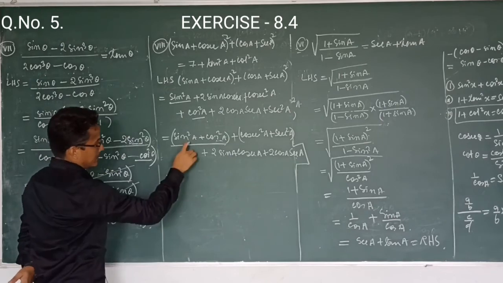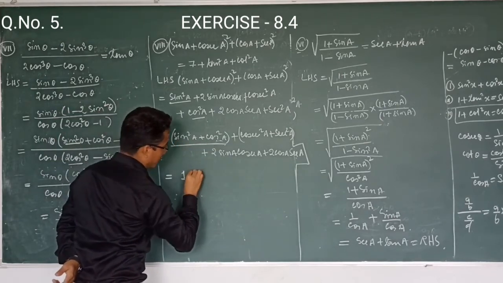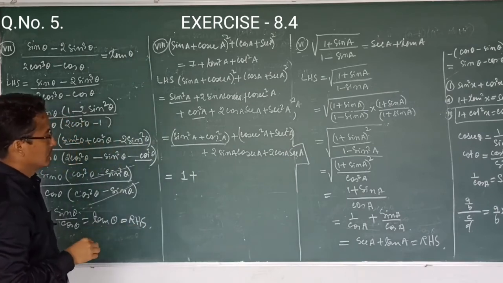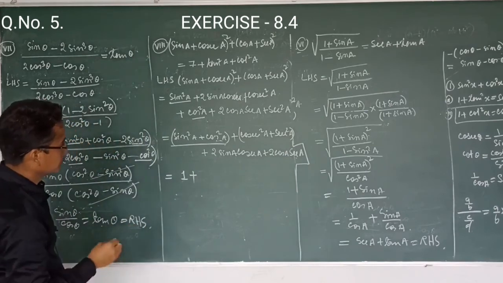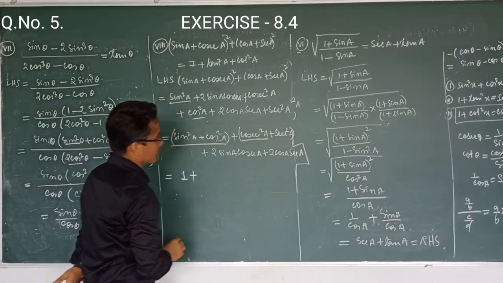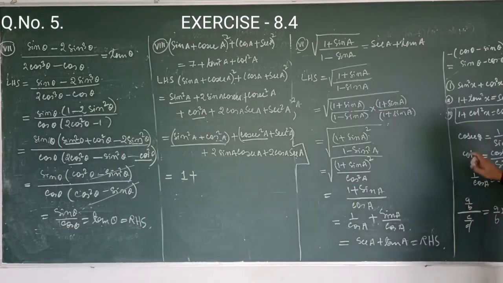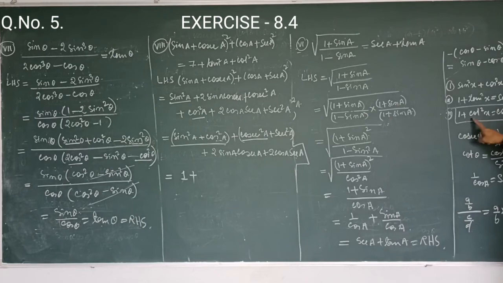Now sin square A plus cos square A is equal to 1. Plus cosec square A, we use the formula 1 plus cot square x equal to cosec square x.